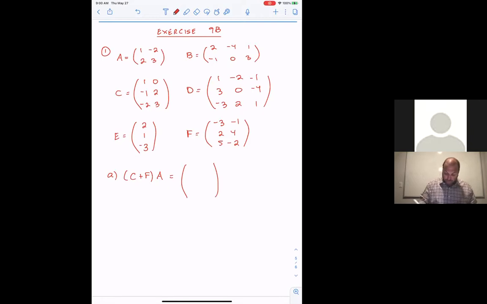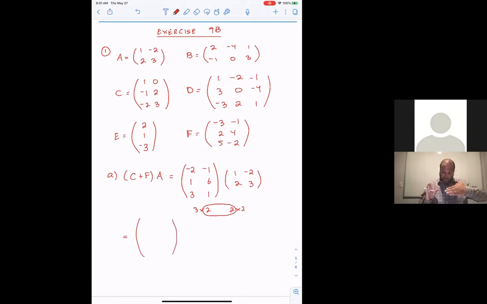So 1 plus -3 is -2, 0 plus -1, -1 plus 2, 2 plus 4, -2 plus 5, and 3 plus -2. There's C plus F, and then we have A, which is 1, -2, 2, 3. So what do we have here? We have a 3 by 2 and a 2 by 2. The numbers in the middle match. Awesome. And that tells us that we're going to end up with a 3-row, 2-column matrix.